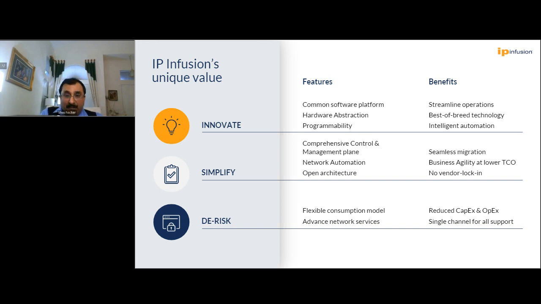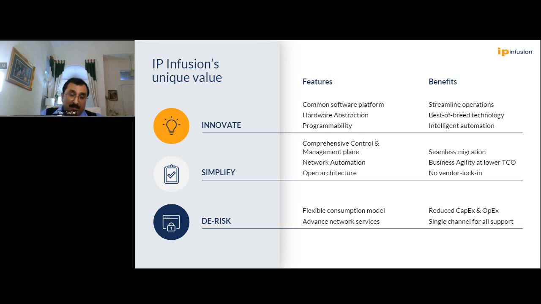And we do this while de-risking your operation with a flexible consumption model. You can start pretty much on any segment of the network and bring in the solutions based on your comfort level, scale, add capacity, turn on new features, and at the same time meet your objective of lowering CapEx and OpEx by having a wide plethora of solutions to choose from.